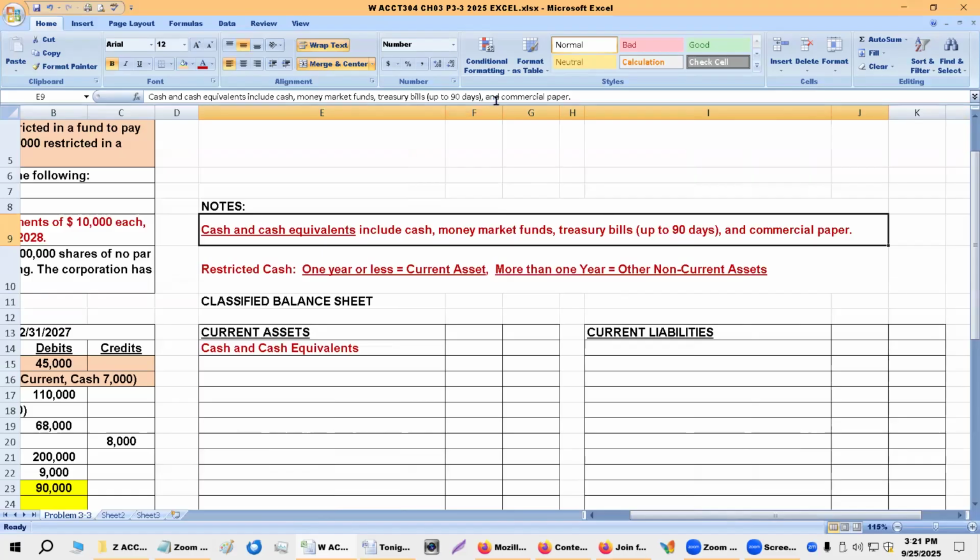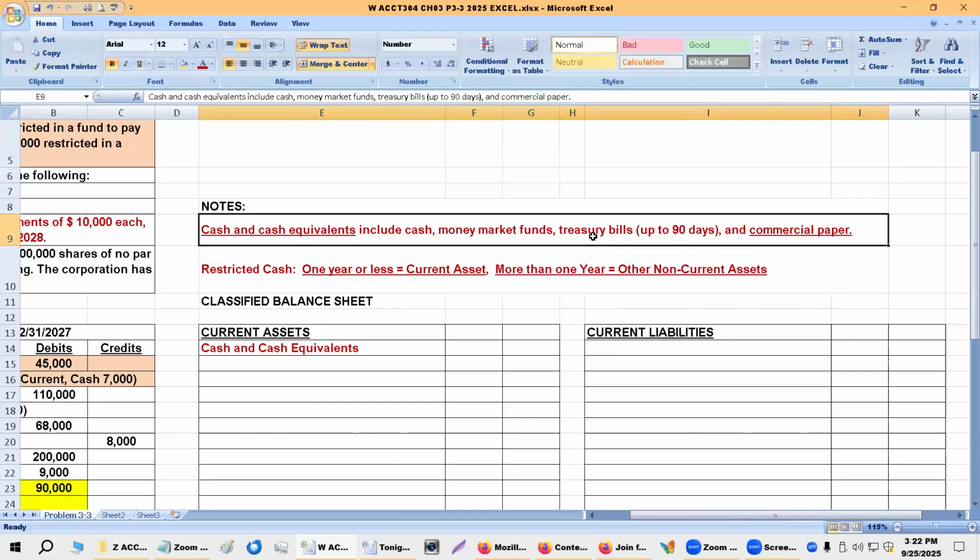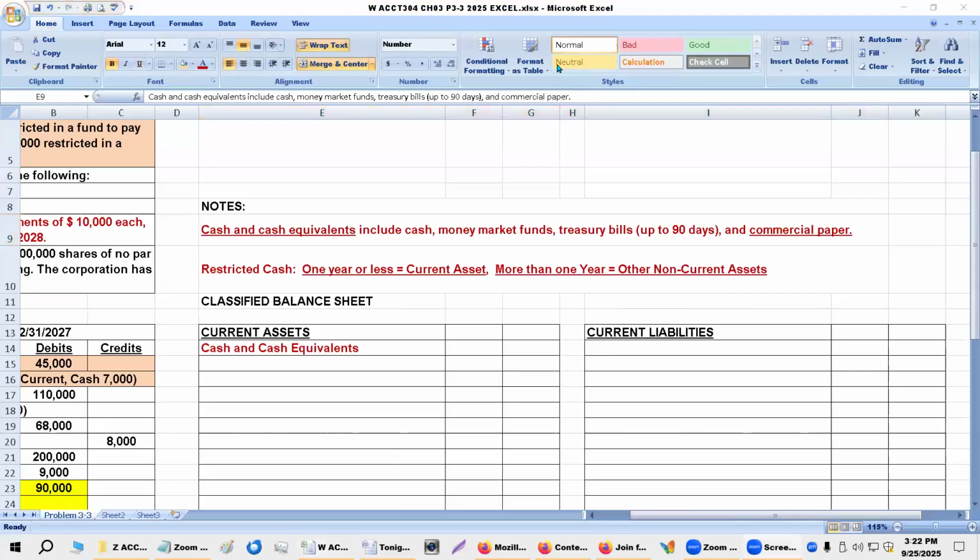Commercial paper is one that maybe you're not familiar with, so let's talk a little about it. Commercial paper is only available for large companies usually.